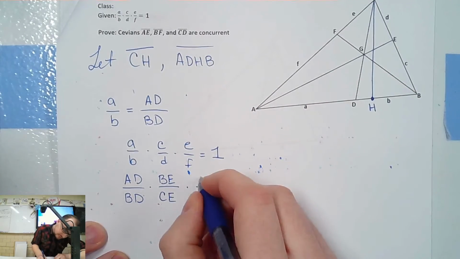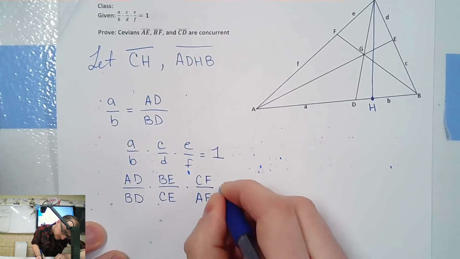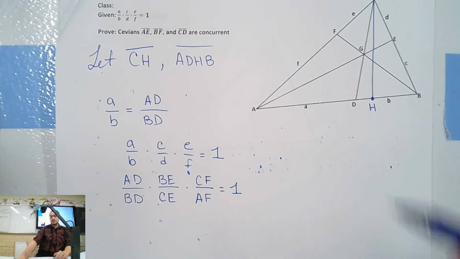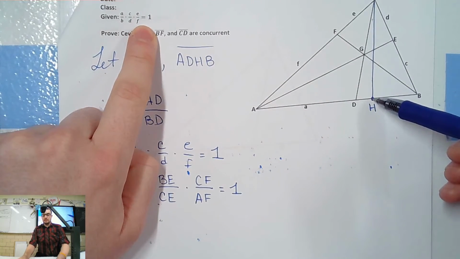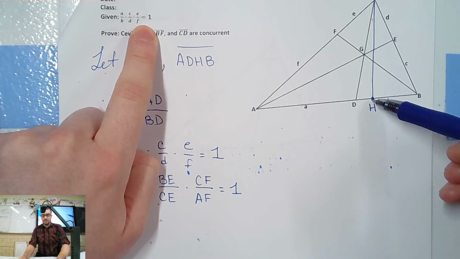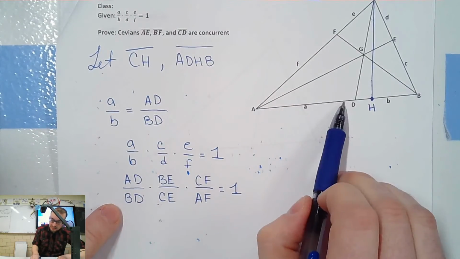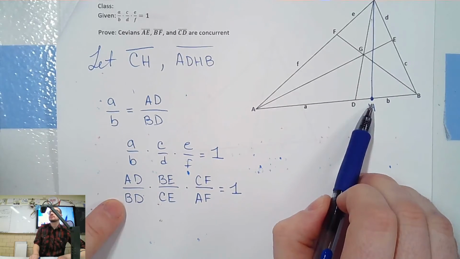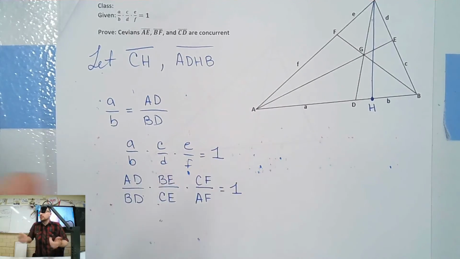Times CF over AF equals 1. Now we're assuming that this right here also gives us where all these equal 1. So that means that instead of writing AD for A, I should be able to write AH. Should be the same thing, if it works.